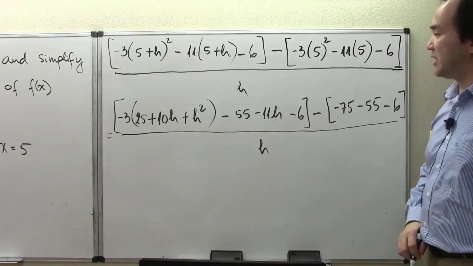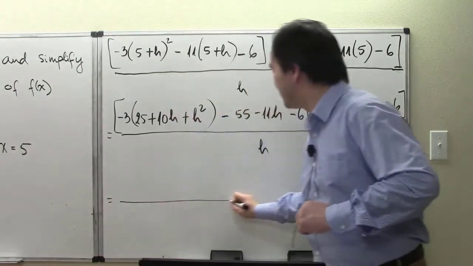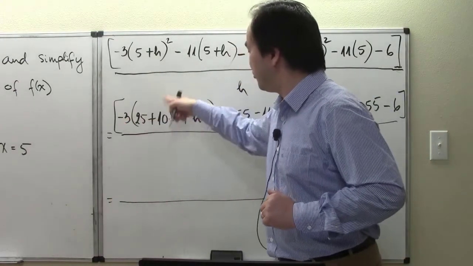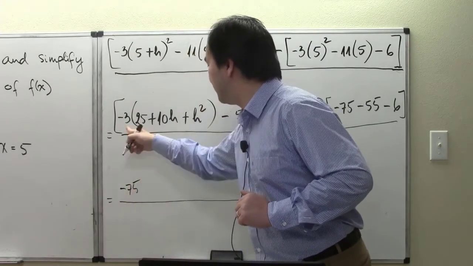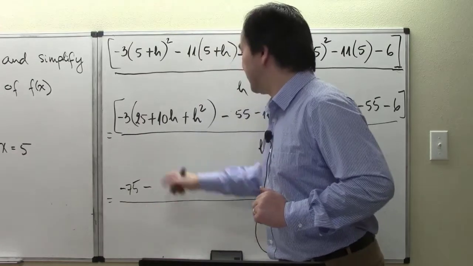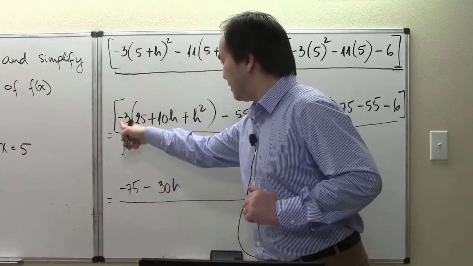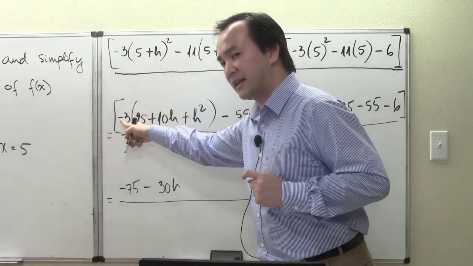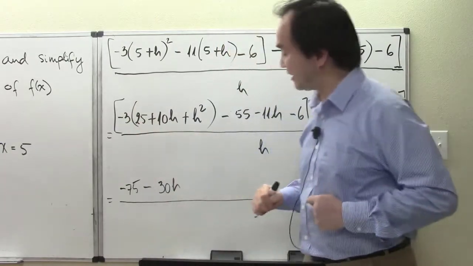All right, so now here's my next step. Minus 3 is going to get distributed to each term here. So I'm looking at negative 75 for that first term, minus 30h. Again, just remind yourself with algebra, it's a negative factor in front, so when you multiply in, every sign gets switched, right? You remember all that.